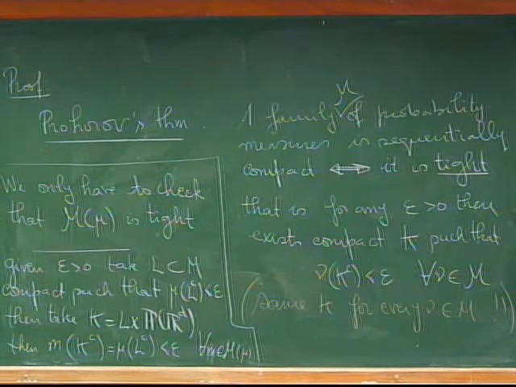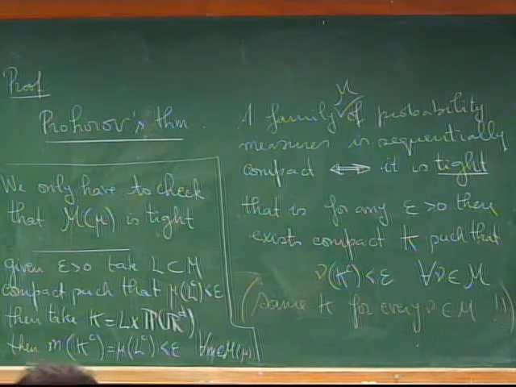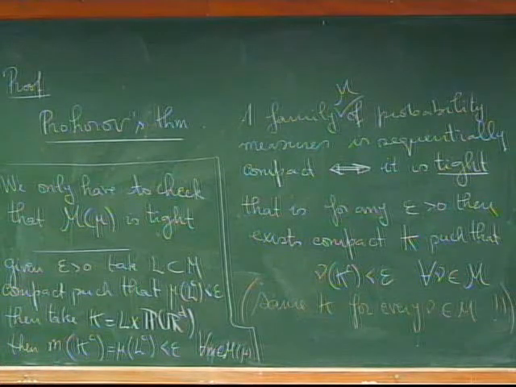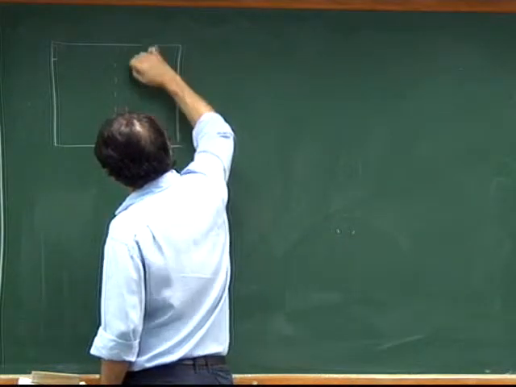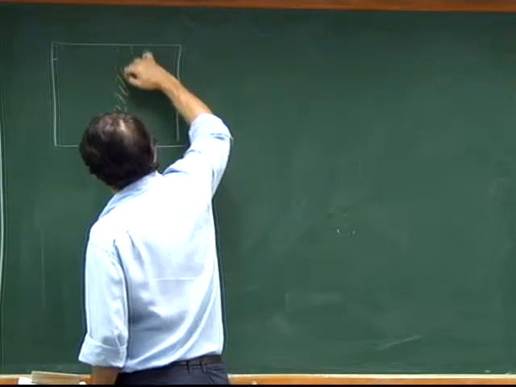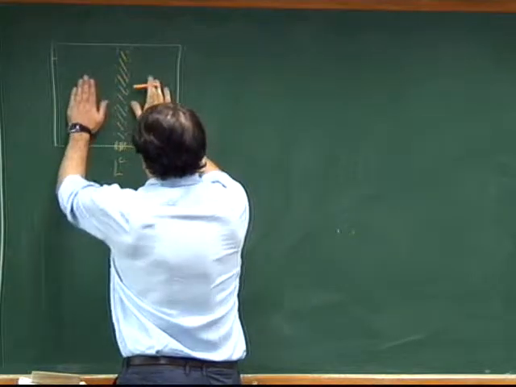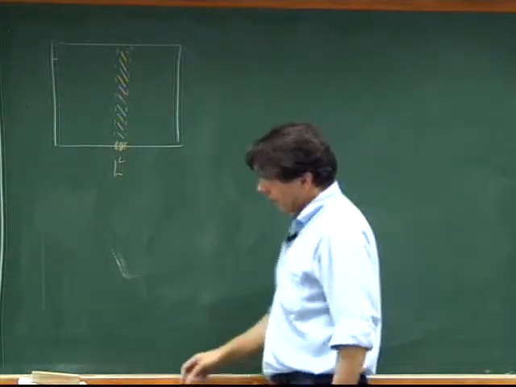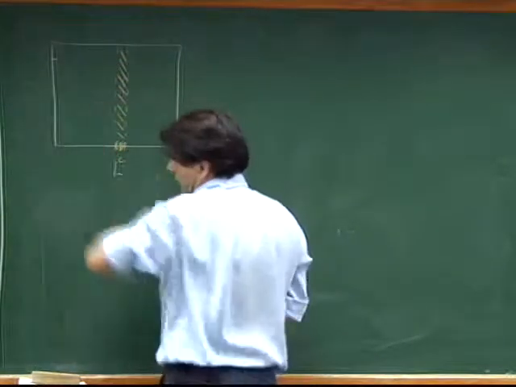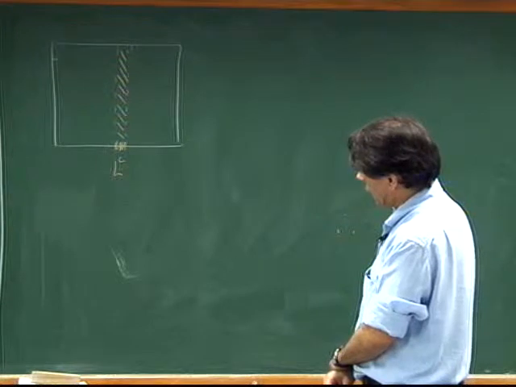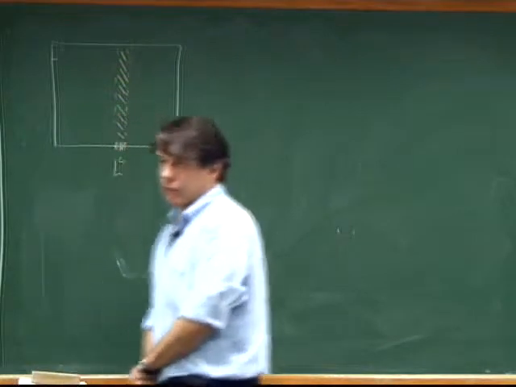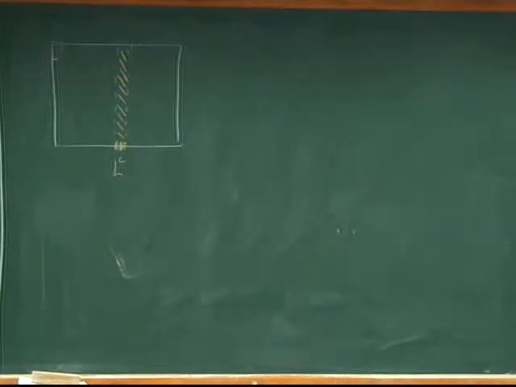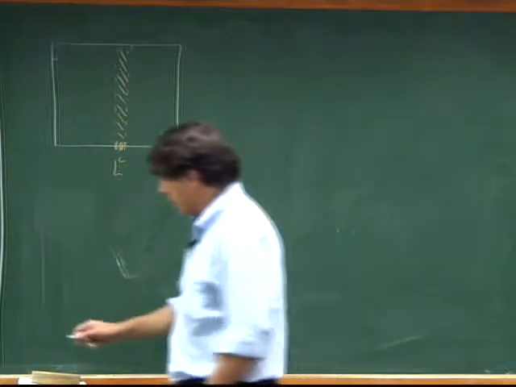Okay? Remember the picture. If you remove a little L complement here, and then you remove what is above it in the projection, what is outside is a compact set. It's a product of two compact sets, so it's compact, and the measure is the same because M projects down to mu. Okay? So this proves lemma 2.